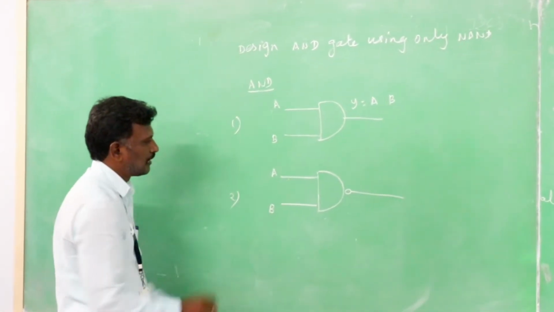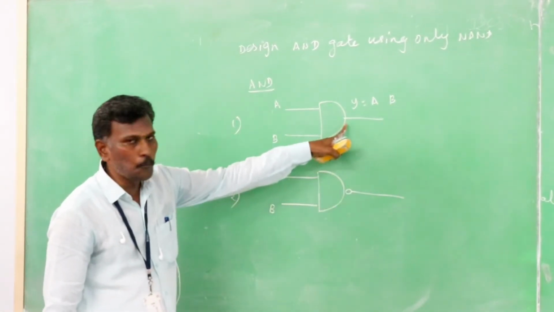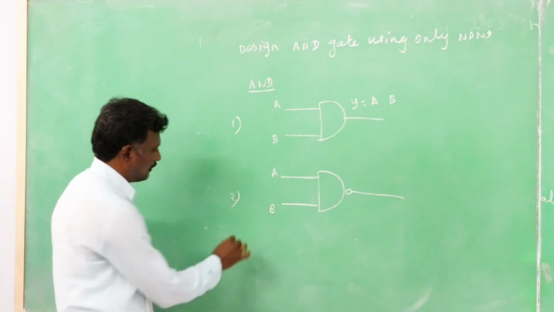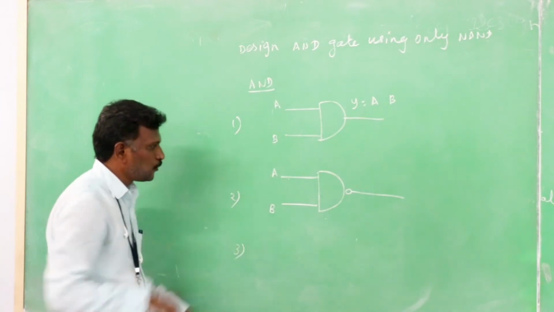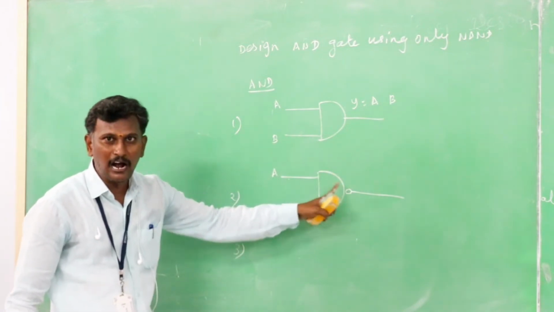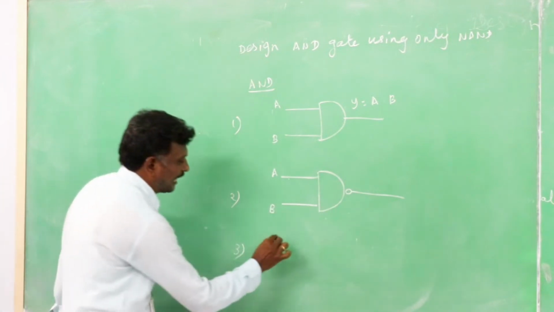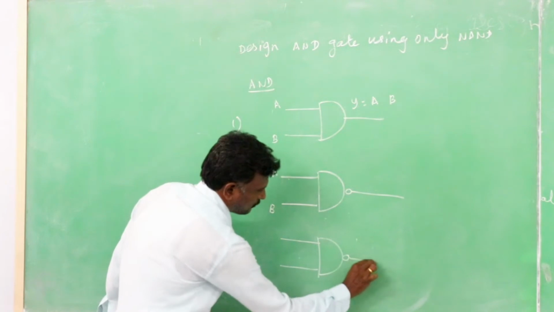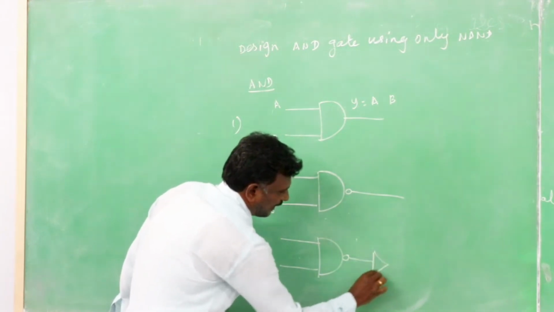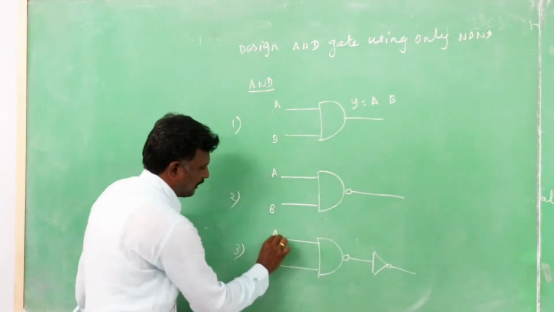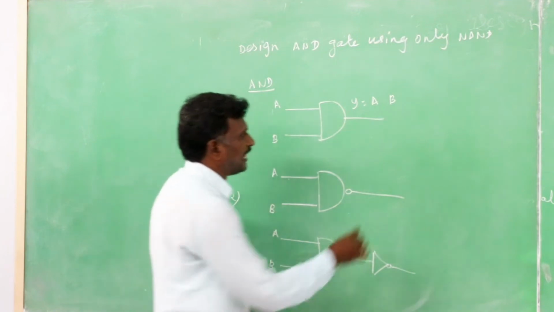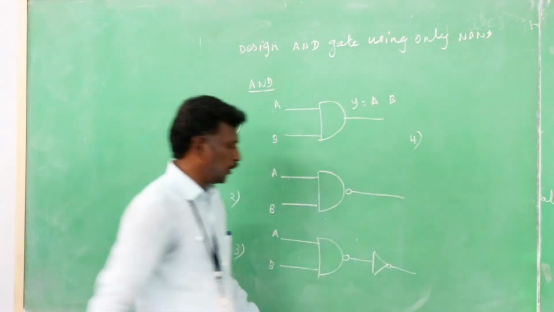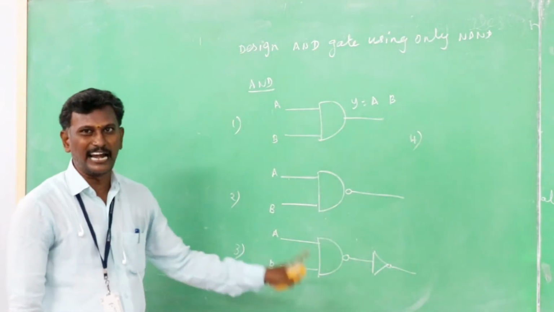Second step, add a bubble at the output side of the AND gate. Third step, after adding this bubble, you add one more inverter. Finally, the fourth step is to replace all the gates with NAND gates.